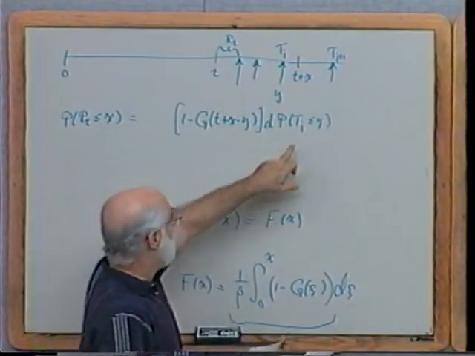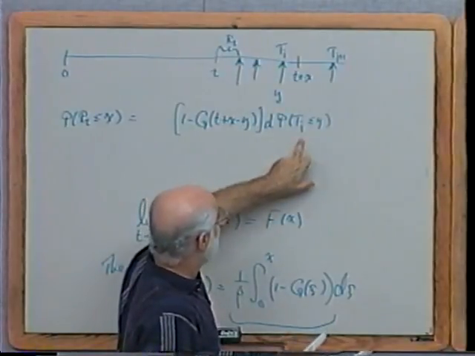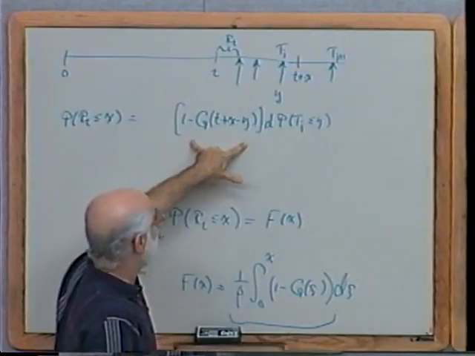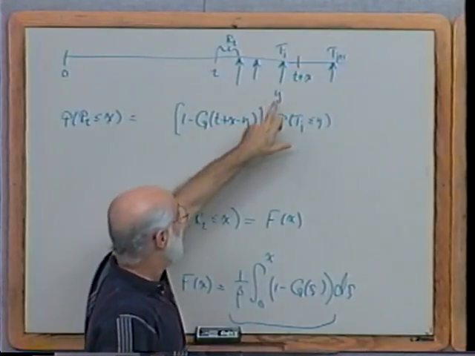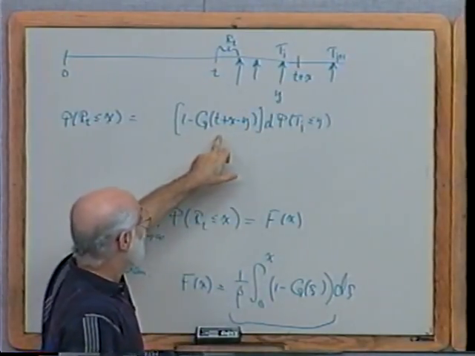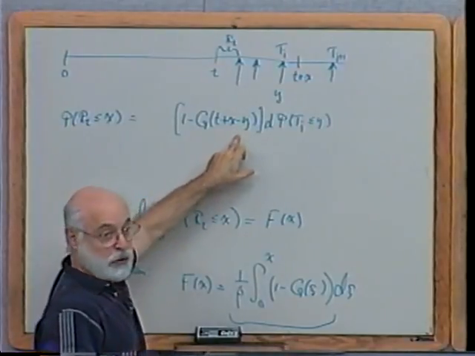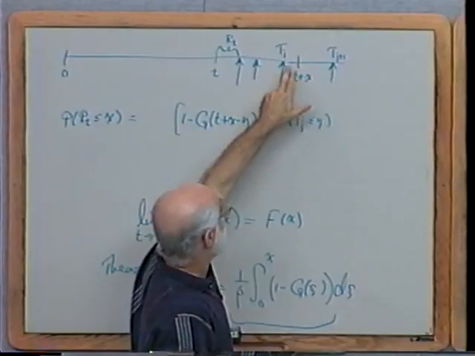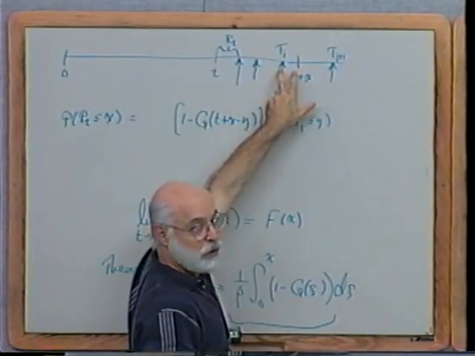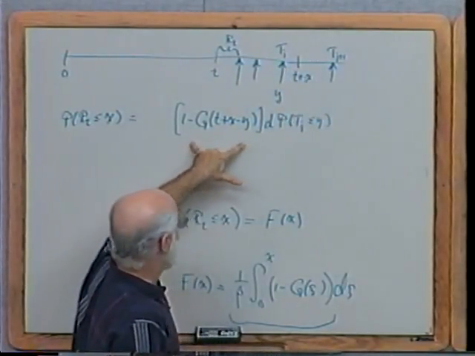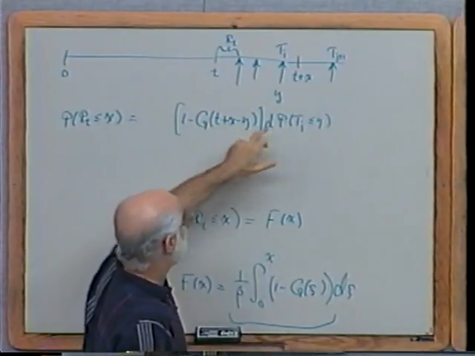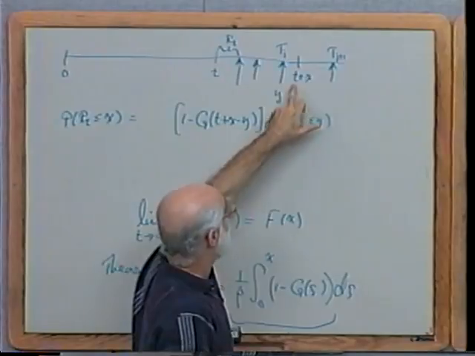Okay, so this is the probability that the jth renewal occurs at y, and then this is the probability that the next renewal measured from y is greater than t plus x minus y. If that's t plus x and that's y, then this distance here is t plus x minus y. So then this is the probability that the jth renewal occurs at y and the jth plus first renewal occurs after t plus x.